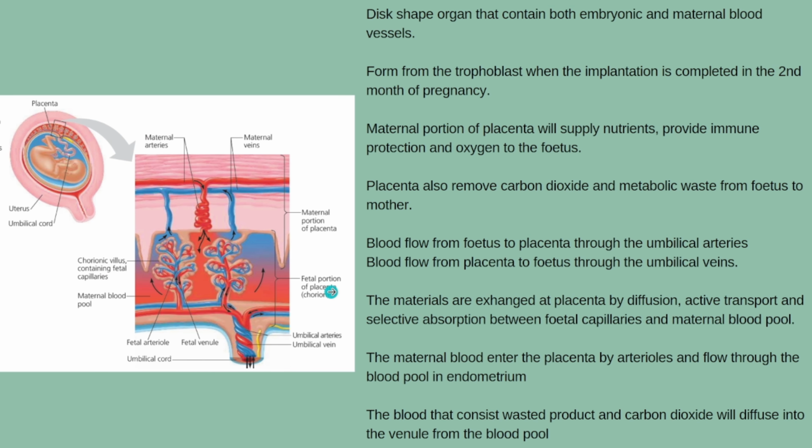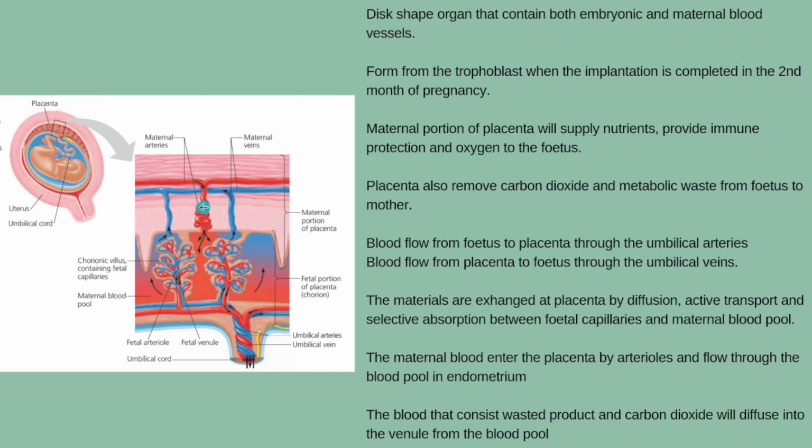You can see here there are the maternal part and the embryo part. The fetal portion of the placenta, another term, we call chorion. Chorion is one type of extra embryonic layer. So the placenta contains the maternal part and the embryo part, and between them the blood capillaries are actually not connected to each other.